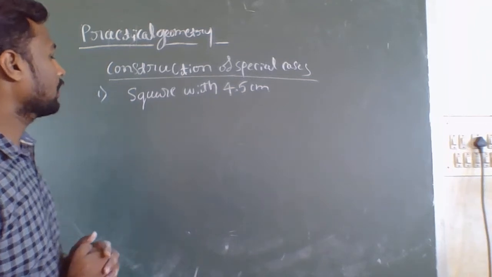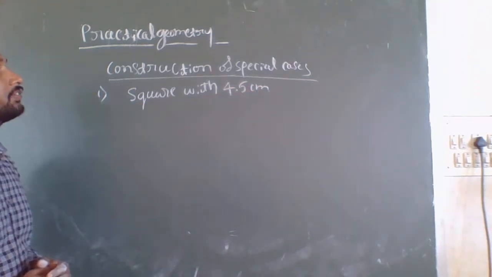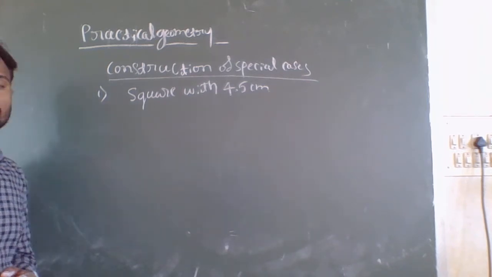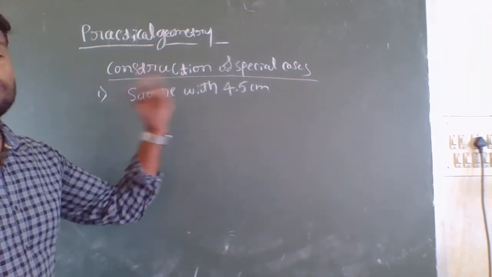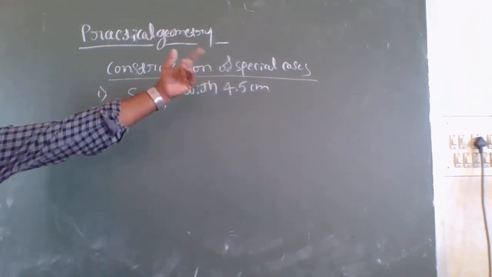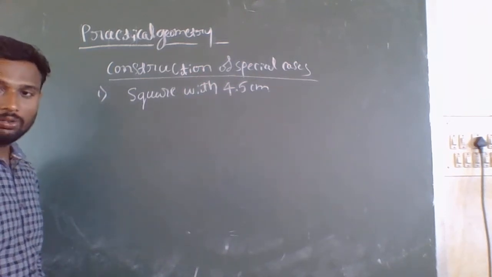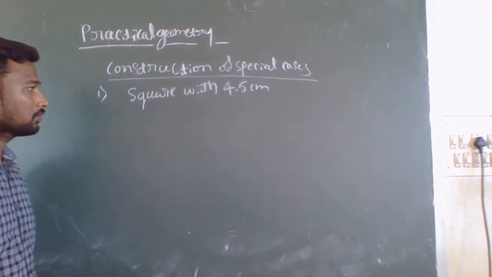Directly they have given that square with 4.5 centimeters. We have to construct a square with 4.5 centimeters. This is why they called it as construction of special cases. So here we all know properties of square.